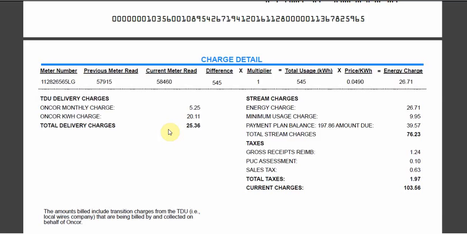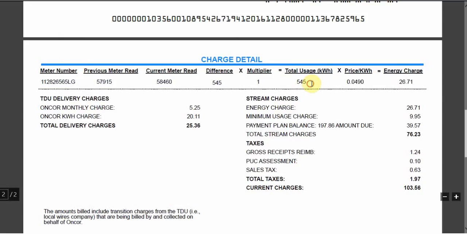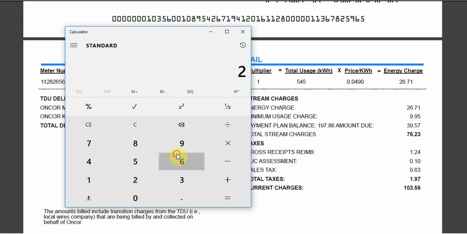If you can't figure out the price per kilowatt they're currently paying, you will want to divide the total energy charge by the total usage, and make sure you move the decimal point over to the right 2 times on the energy charge.